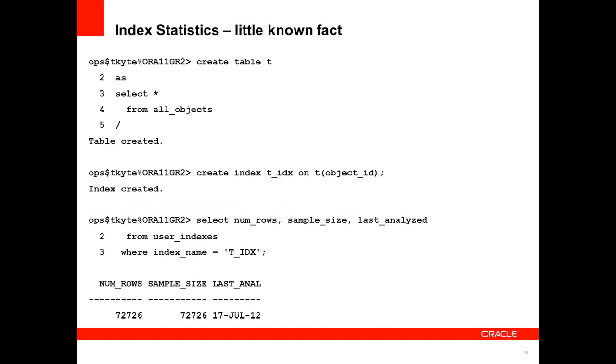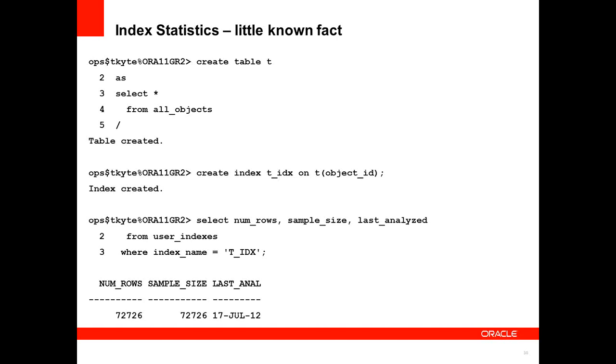And one thing I'd like to point out with indexes, since Oracle 10g, anytime you create or rebuild an index, okay, and that index is on a non-empty segment, the index will automatically have statistics. So in many cases, you don't even have to gather statistics on your indexes.